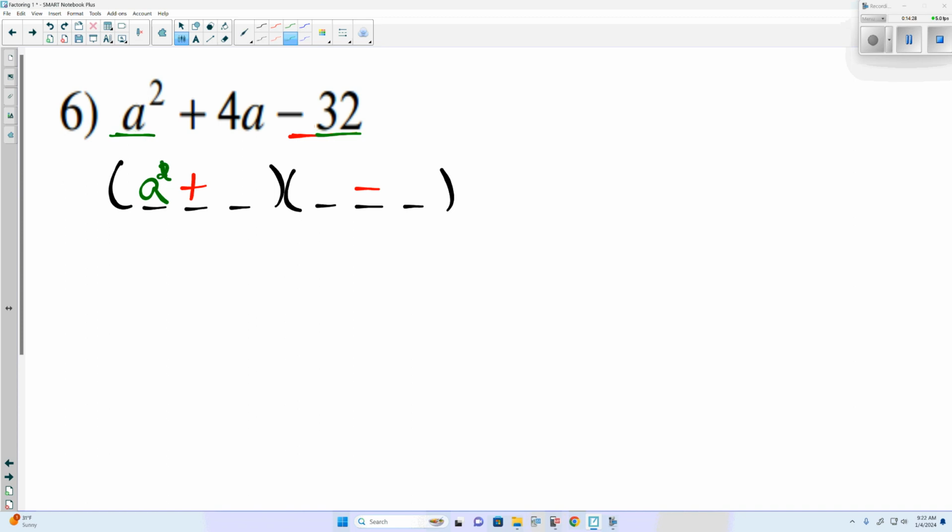Yes, but for that to work out, we'd have to have a to the 4th or a cubed. We'd have to have a higher power. It does work that we could have a squared and a squared, but the term here would have to be a to the 4th.